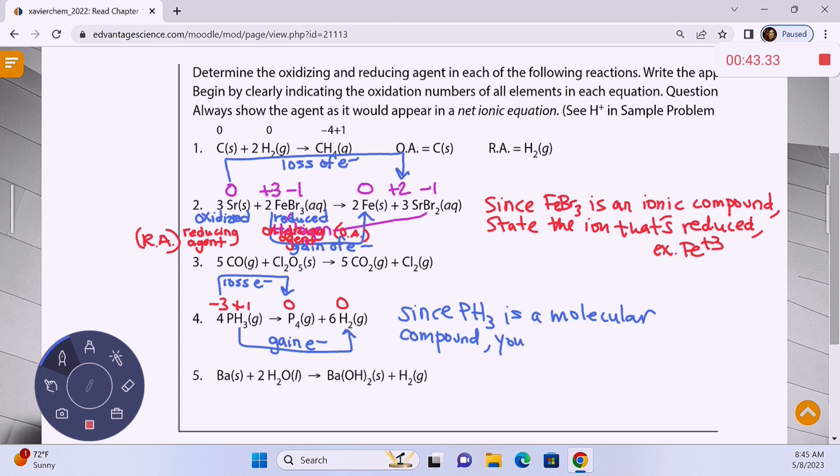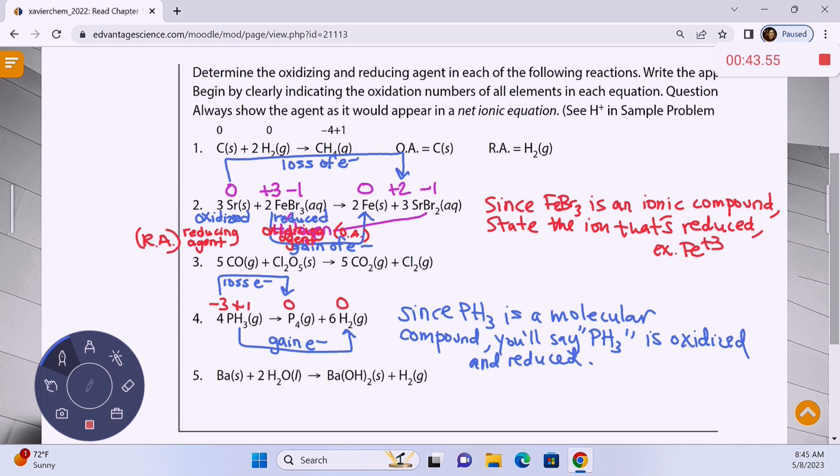You'll say the whole thing, PH3, is oxidized and reduced. Which means it's also the oxidizing agent and the reducing agent. It's everything. Does that make sense?